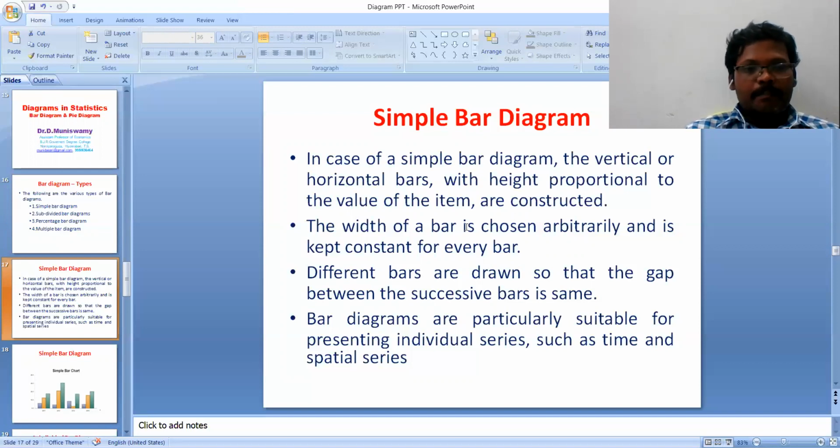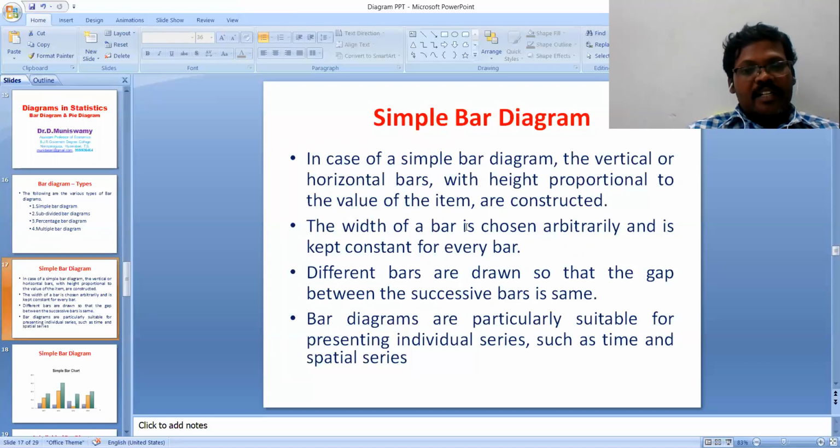The different bars are drawn so that the gap between successive bars is the same, so the width of each and every bar will be equal.